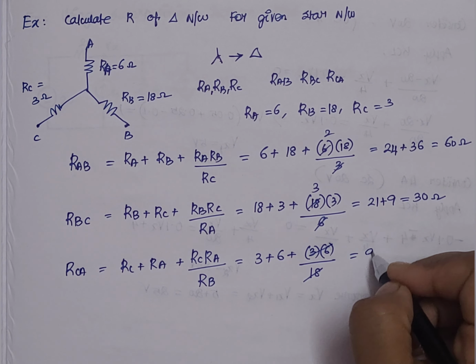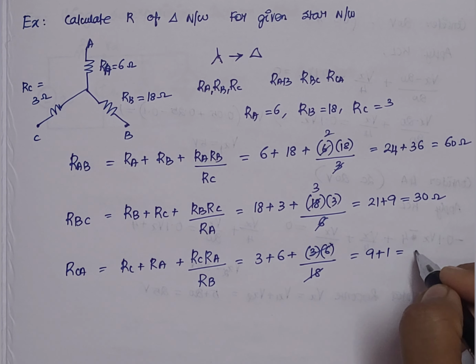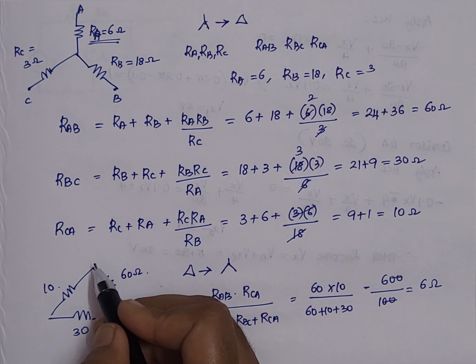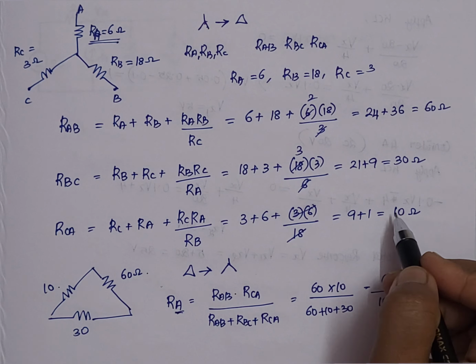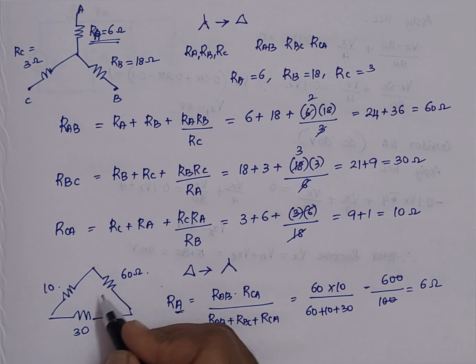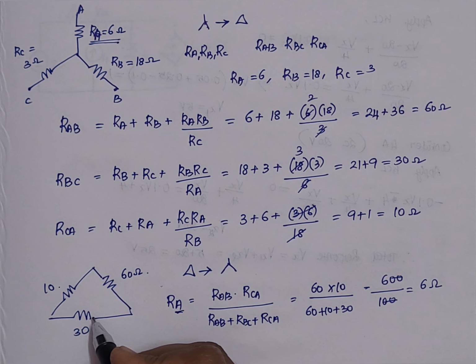So it will be 3 plus 6 is 9 plus we have 1 over here. Don't forget that. So 9 plus 1 is 10, which is 10 ohms. Now we have got the values of RAB, RBC and RCA as 60, 30 and 10, with which we can form the delta network. So this is how we have to convert the given star network into its equivalent delta network.